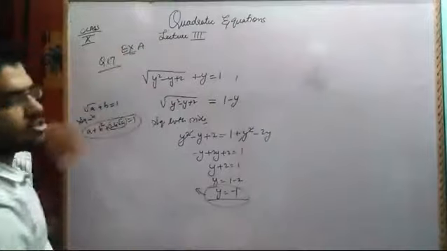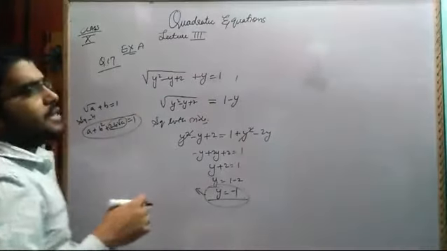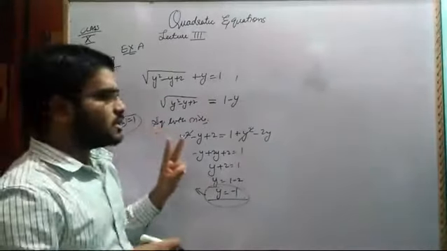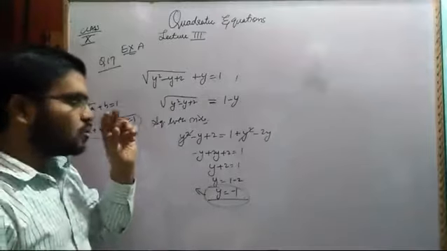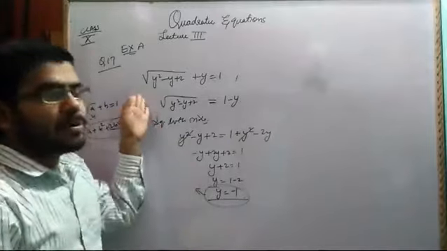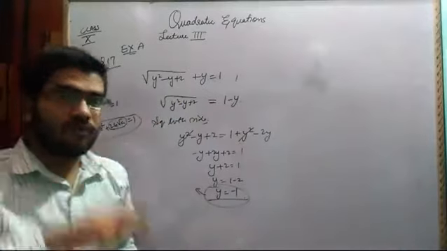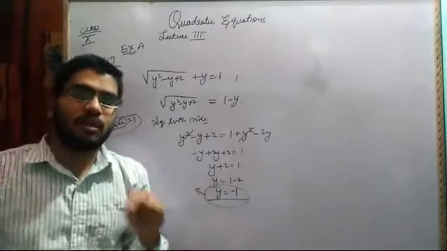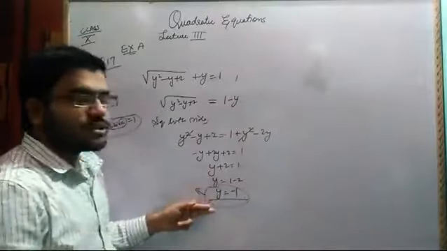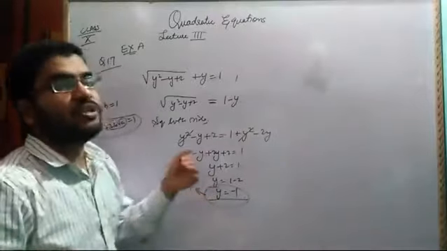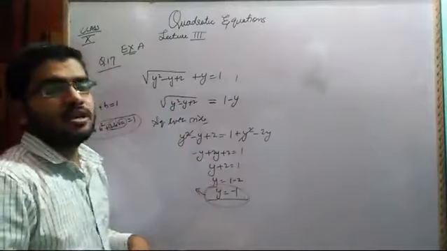Now in case of a quadratic equation, mostly we will be getting two answers. Solutions will be 2. So those solutions we have to put in the equation and then check. In case of word problems, which we will see in our next lecture, we have to see which value is going to satisfy the given situation.